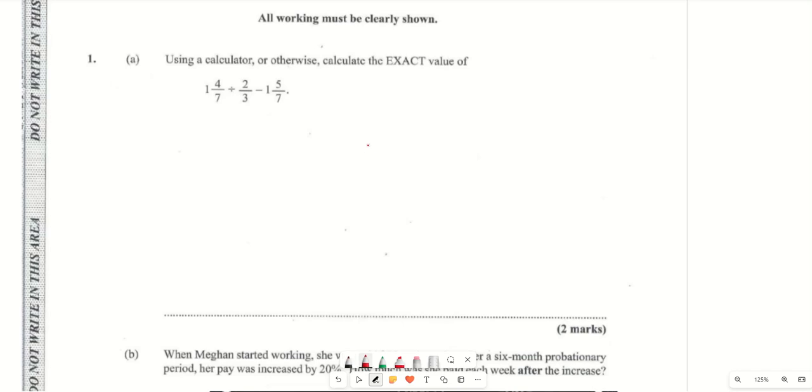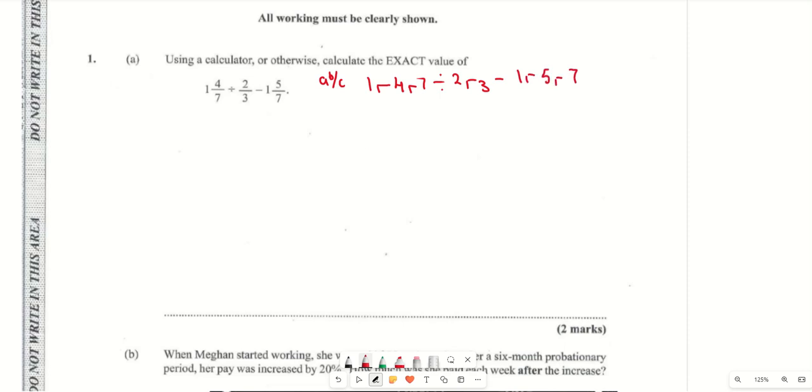So in your calculator you're looking for the a b over c button. You're going to press 1, and when you press that a b/c button, this little sign is going to come up. So it's 1 and 4 over 7 divided by 2 over 3 minus 1 and 5 over 7.